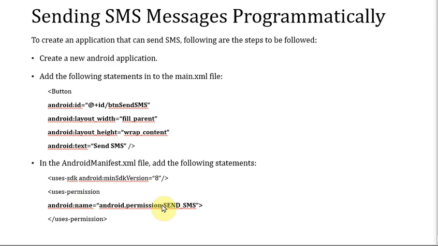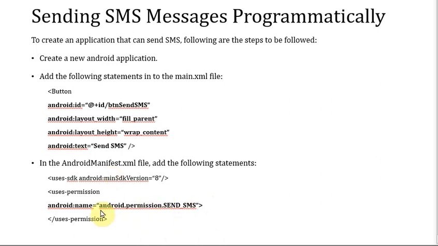So that is about your Android manifest.xml. So here, what is a change you have to do? The change what you have to do here is users permission. So this users permission is for giving the permission for sending the SMS. Okay. So you can see here, Android name, Android dot permission. What is the permission you're giving to send the SMS?